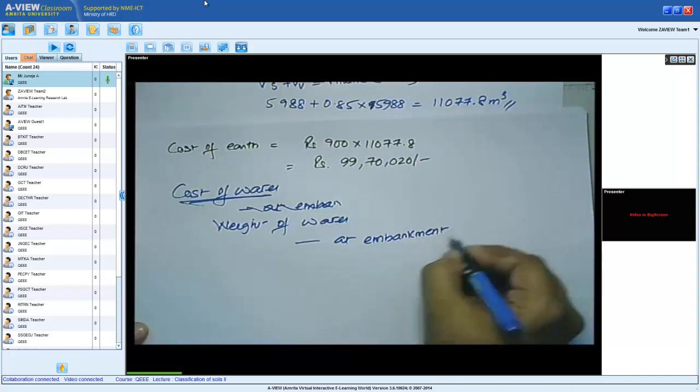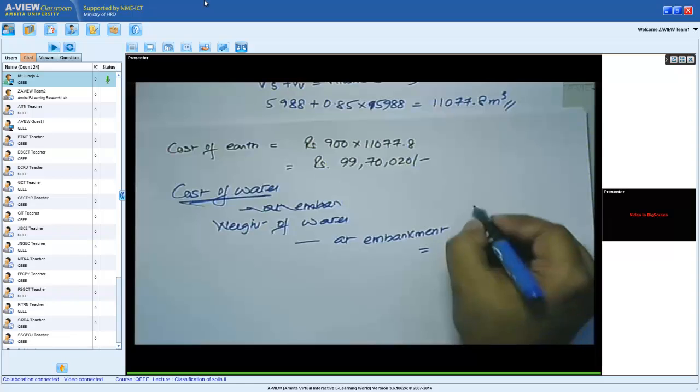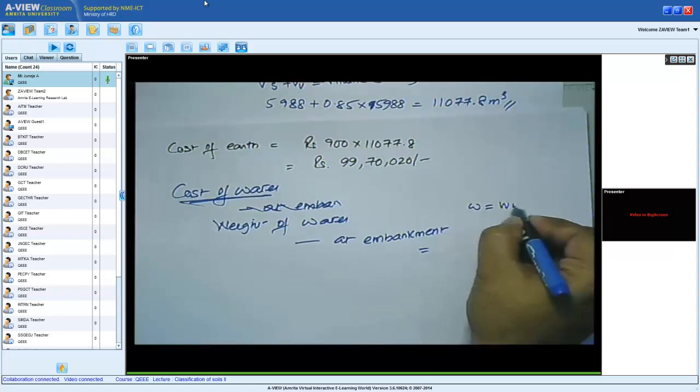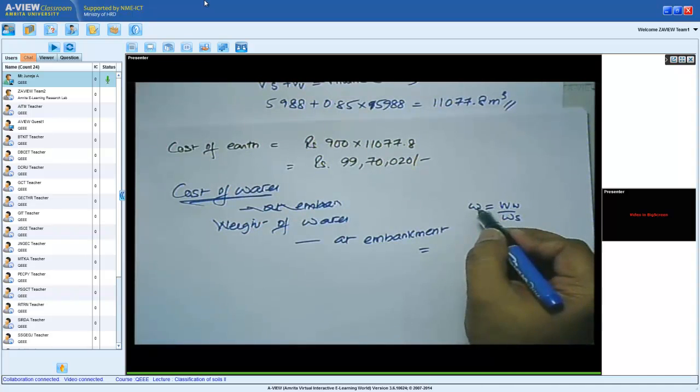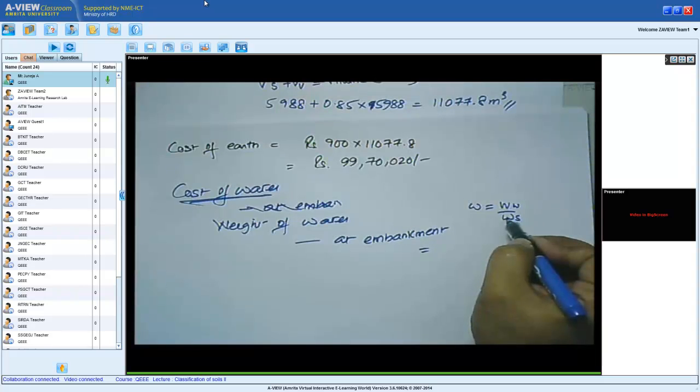We'll follow the same logic, using water content equals weight of water over weight of solids. To evaluate the weight of water, I multiply water content by weight of solids. Weight of solids remains the same.